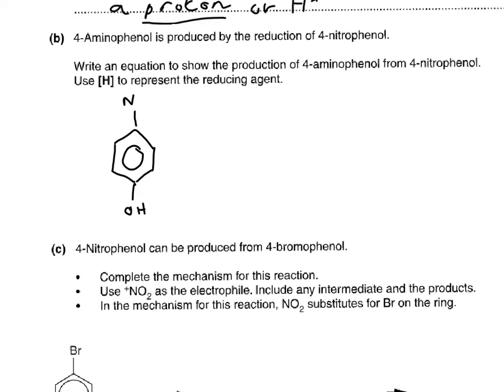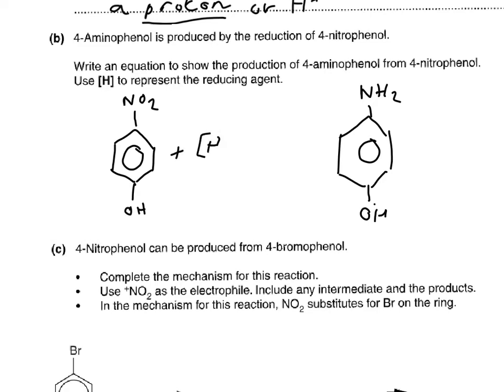You know that you're starting with nitrophenol, and you know what you're ending up with. Okay, you just have to work out how many hydrogens will need to be added in order to do that.